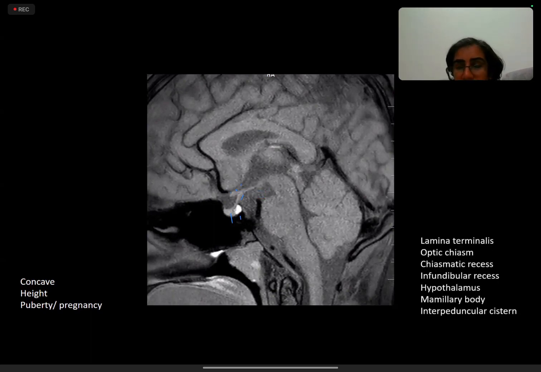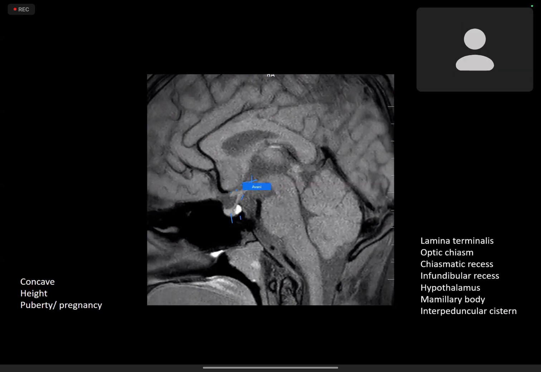Okay, and carry on. Then can you show the rest of the parts that I have mentioned? The lamina terminalis. This one. Okay.